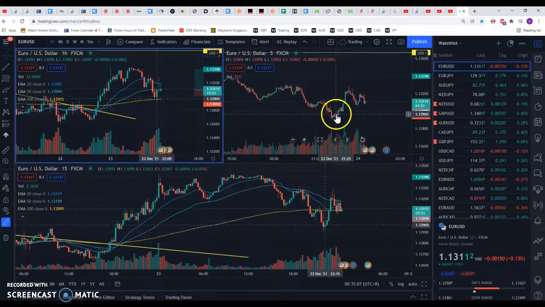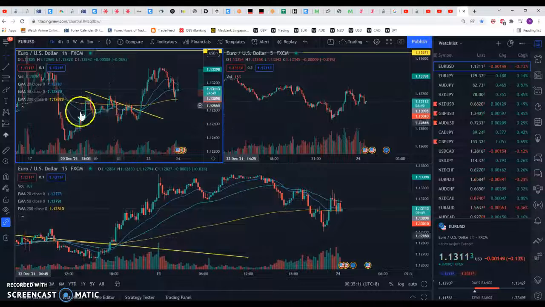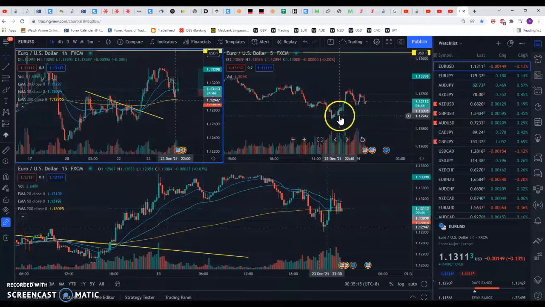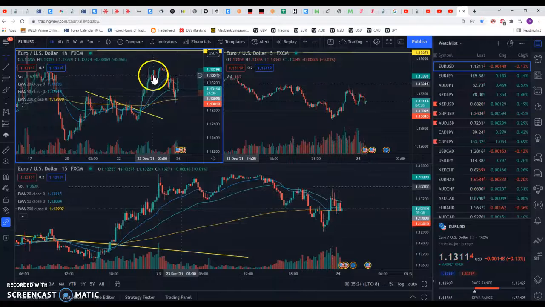So if it's a 10:30 overall uptrend, strong, trap sellers over here, come here, slow down, buy, stop loss over here, go up.